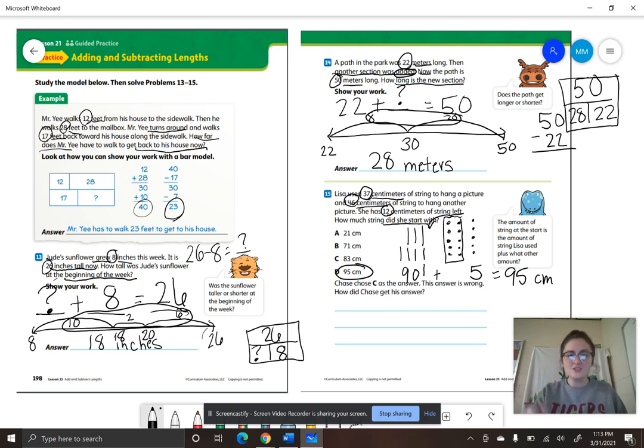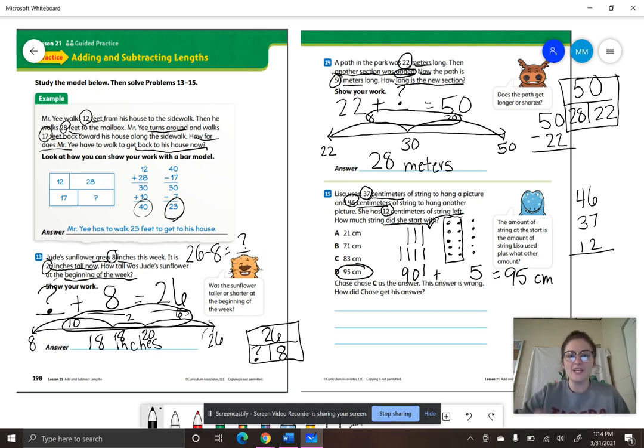All right, so Chase chose C. C was 83 centimeters. 83 centimeters is pretty close to 95. So that tells me that he probably still added, but he was missing something. So let's think about what he did add.